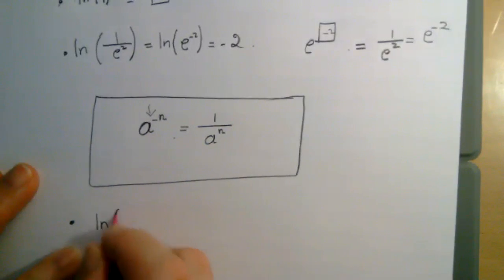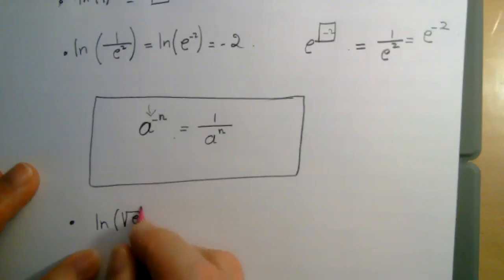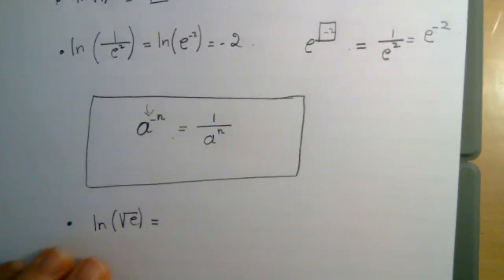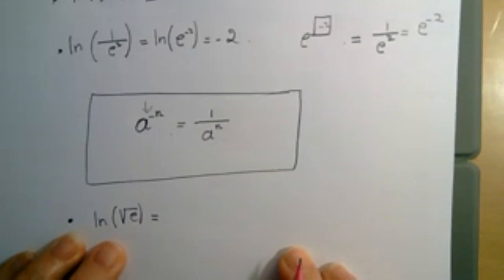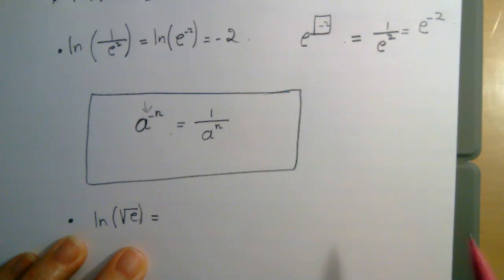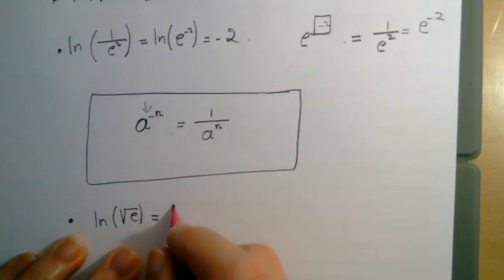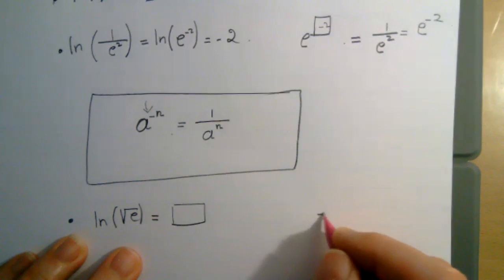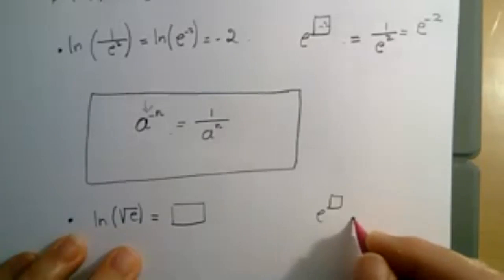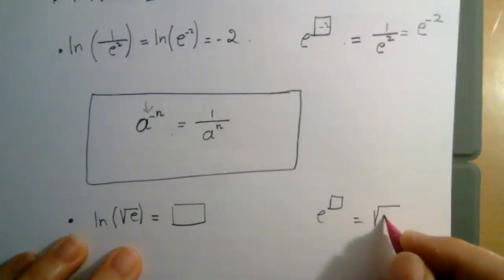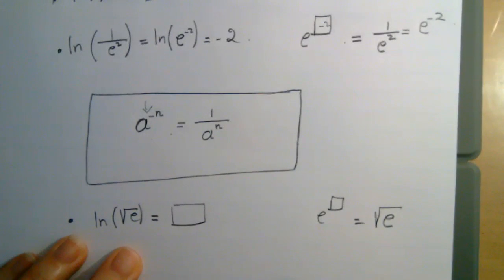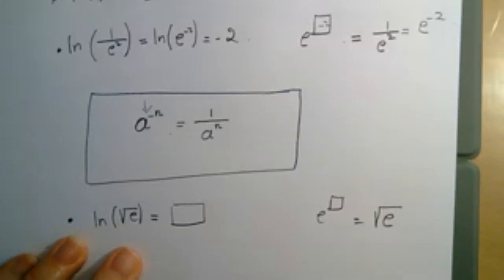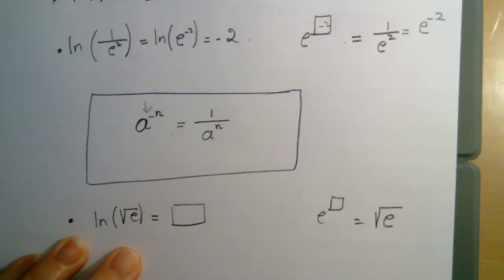Let me look at the G. What is the ln of the square root of e? So again, the square root of e, e to which power gives me the square root of e? Josh, can you answer this question? Oh, I can answer it. 1/2. 1/2, exactly.